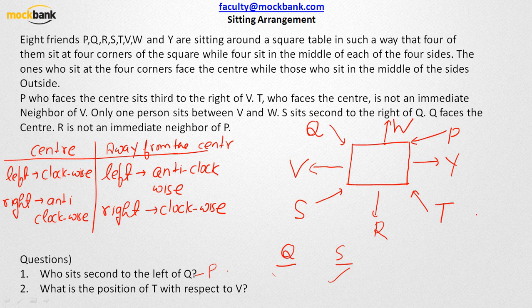The second question is, what is the position of T with respect to V? Now this is V and this is P. And now we don't even have to find it out. Can you see that P is sitting, this is the first, second and third, and since V is facing away from the center, the clockwise position is nothing but, how is this?